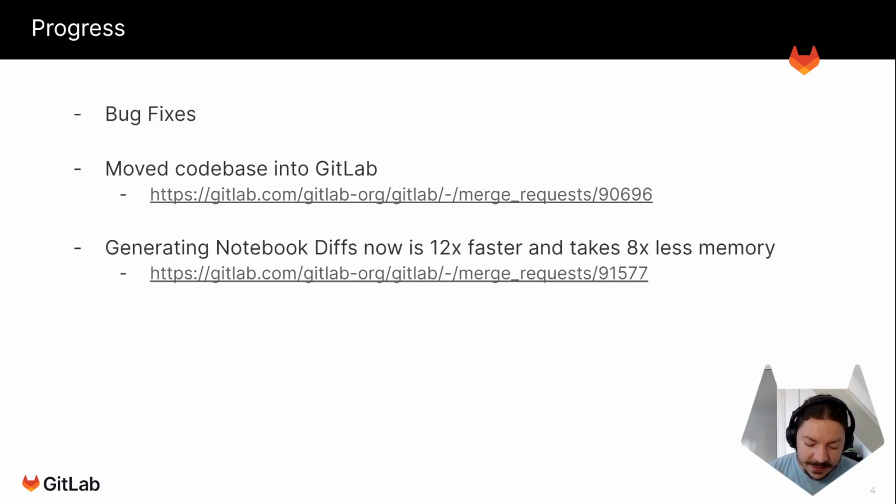We collaborated with the maintainers to implement some changes, and then we moved most of the heavy stuff into Ruby extensions. So most of the stuff is now running on C, and it's a lot better right now. It's much faster, and it uses a lot less memory. It was one of the problems we were having with notebook diffs.